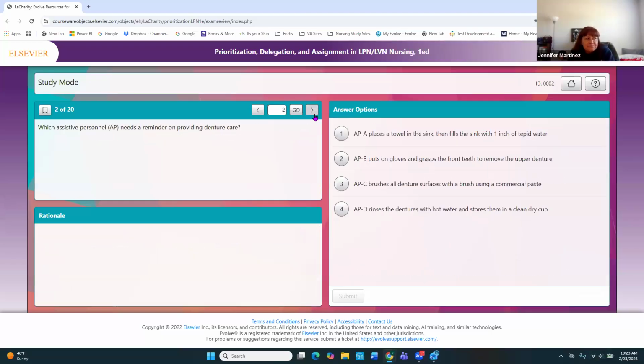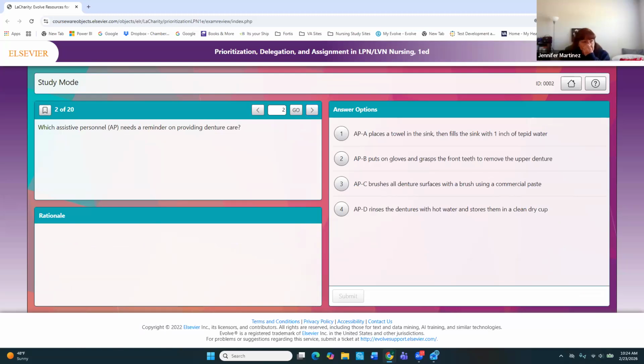All right, number 2. Which assistive personnel needs a reminder on providing denture care? The first AP places a towel in the sink, then fills the sink with 1 inch of tepid water. The next one puts on gloves and grasps the front teeth to remove the upper denture.